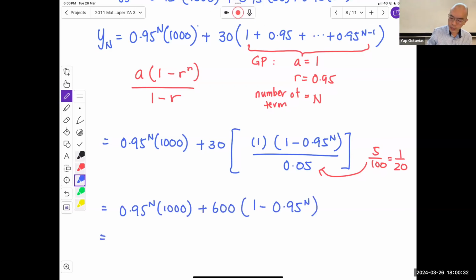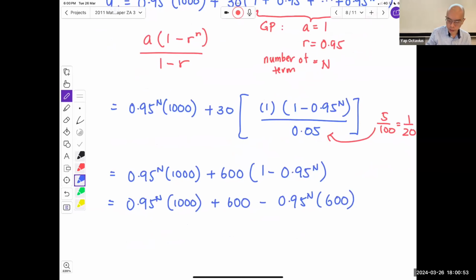Let's simplify, because there's a common factor here. So you should get 400 multiplied by 4, wait, minus, yeah, 400.